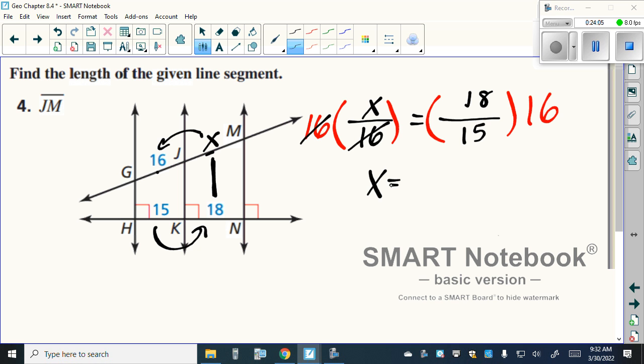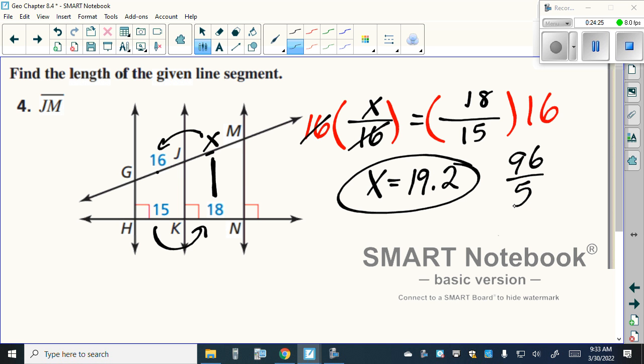So X is equal to 18 over 15 times 16, which is 96 over 5. Convert it to a decimal. So it's 96 over 5. I think if you hit the 2 arrows, does it give you 19.2?